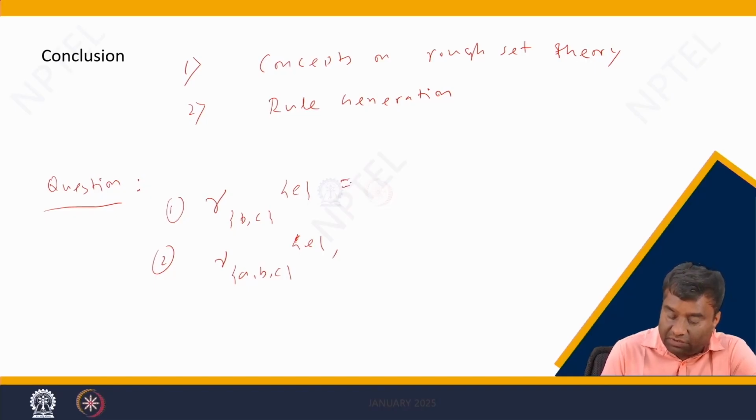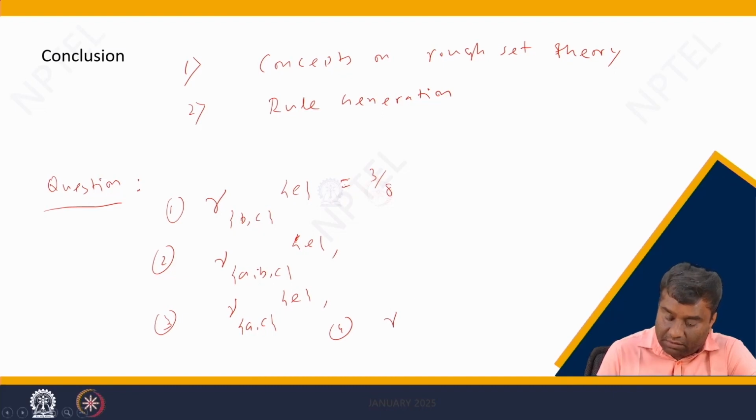This is also 4 gamma. So calculate all the values here. A, C, E, and 4 gamma, A, B, E. Calculate all these values. So these are the references of today's class. Thank you.